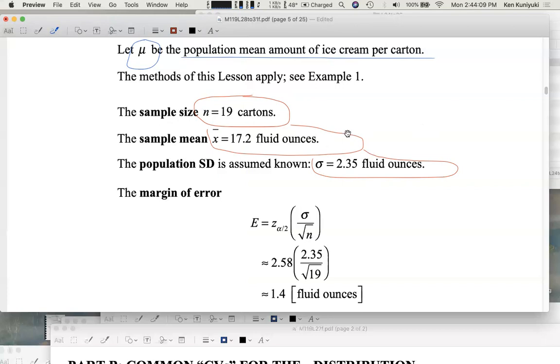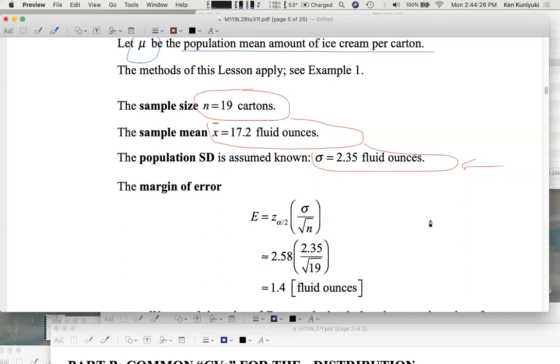So we don't care if the sample standard deviation is 2.25 or 2.45. Now if it turns out S is 10 fluid ounces, then you might question this assumption. We have different tests for finding out if sigma might be legit.